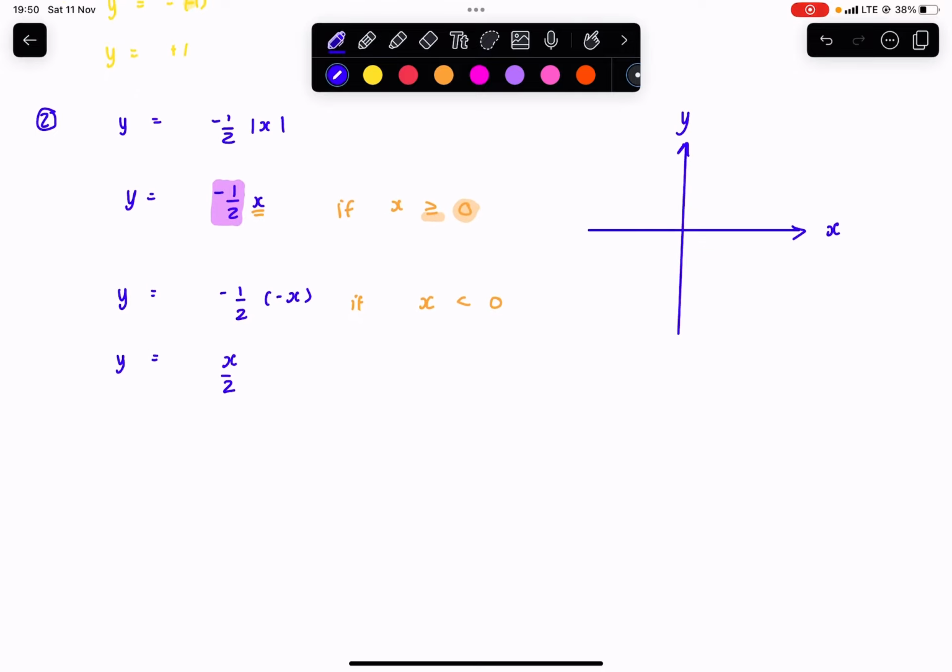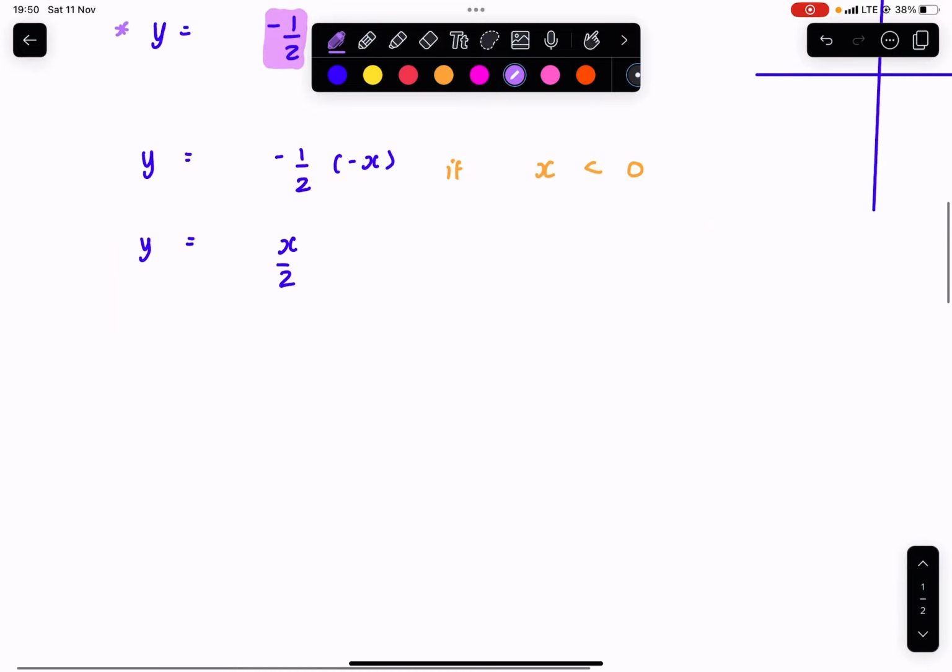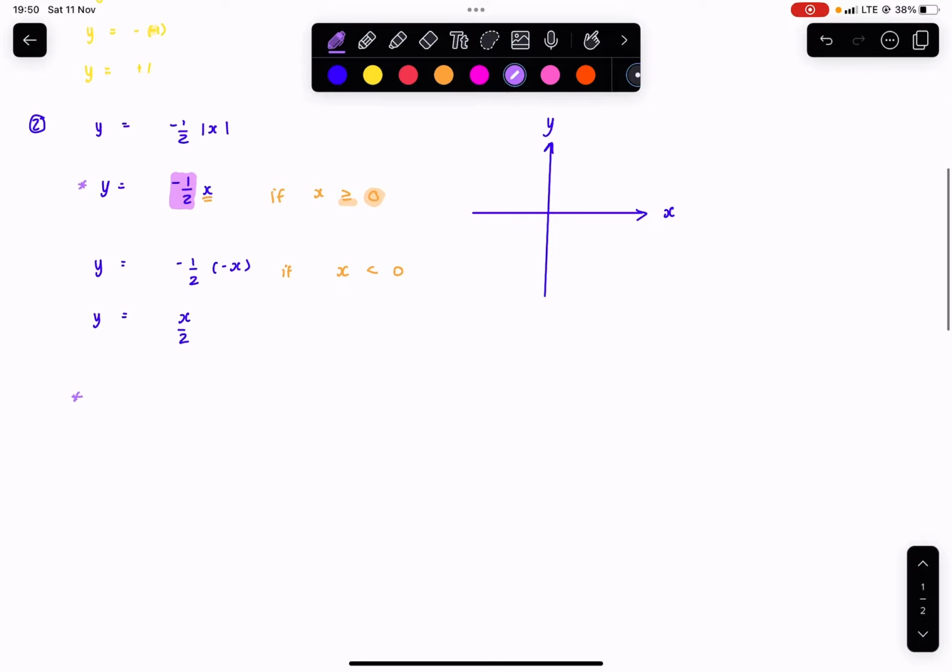And we're going to start with the first equation, which is positive. Okay, so this has a negative gradient. I think we understand that. But it is definitely going in a positive direction.